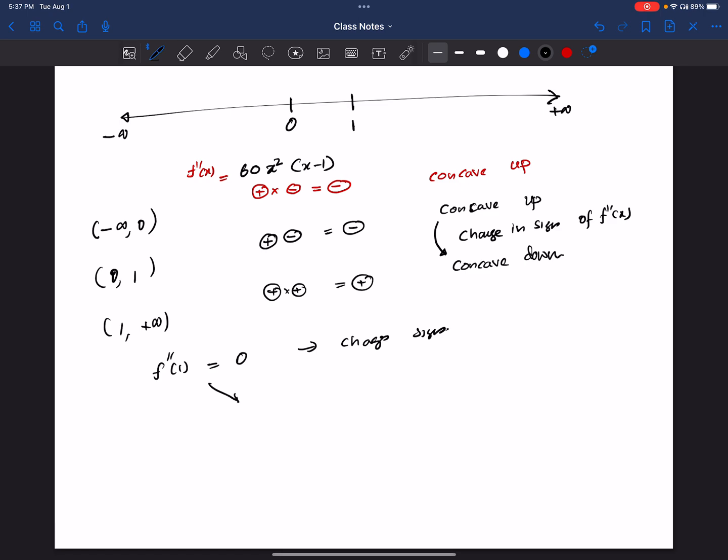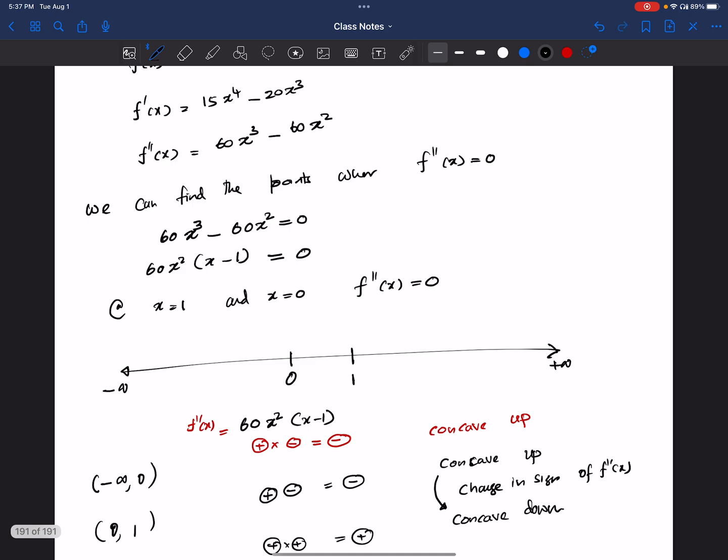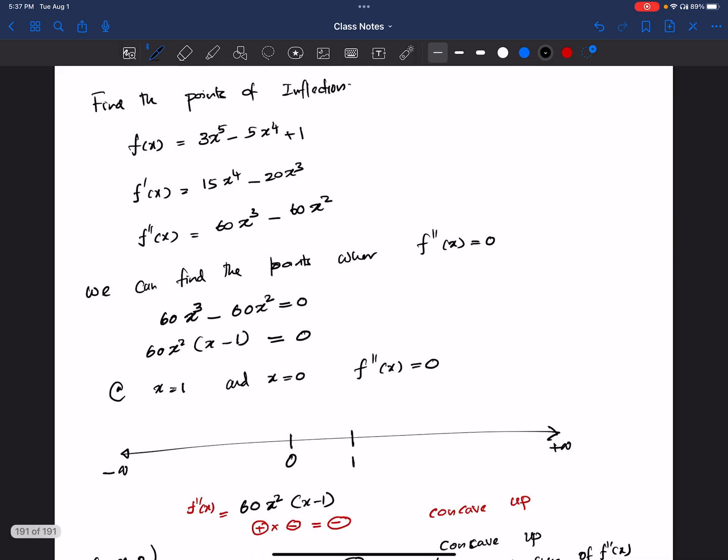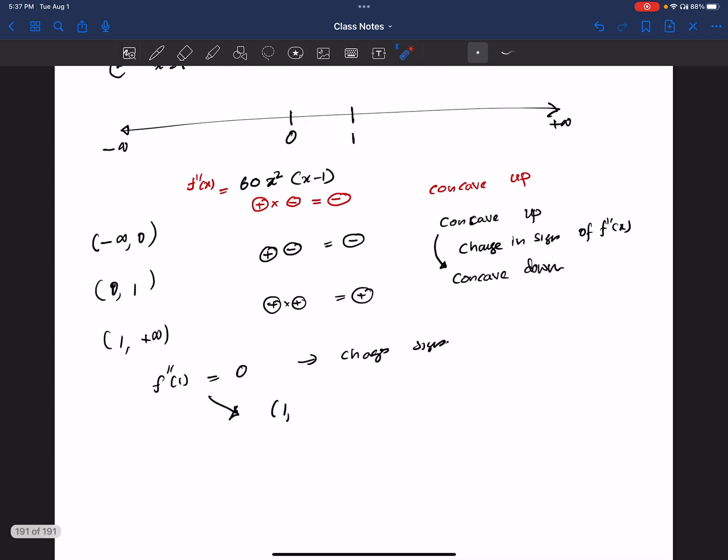That means it is an inflection point at x equals 1, and if you substitute 1 into f of x, that's going to be 3 minus 5, which is minus 2, negative 2 plus 1 is negative 1. So (1, -1) is an inflection point.